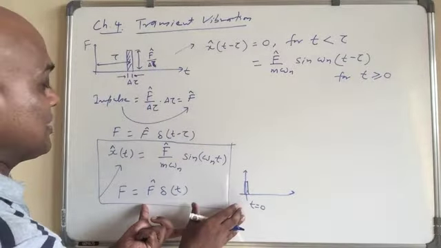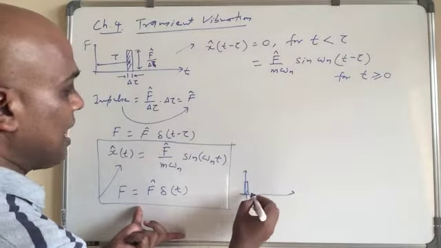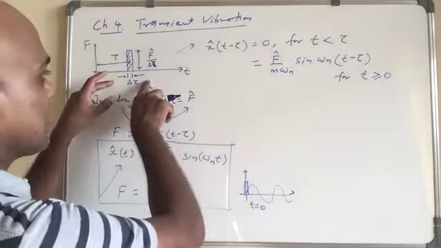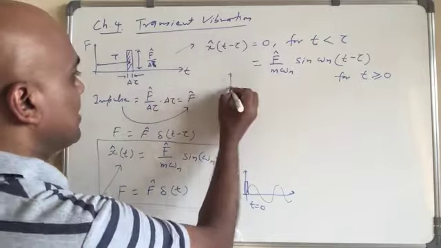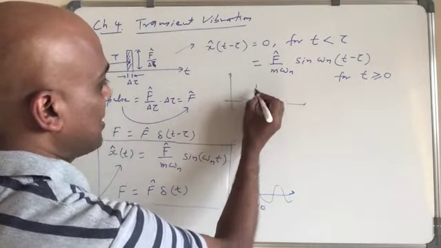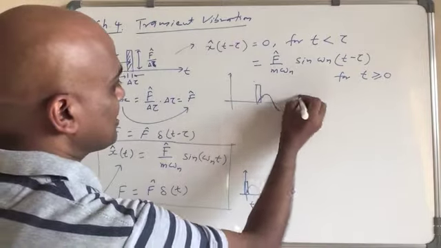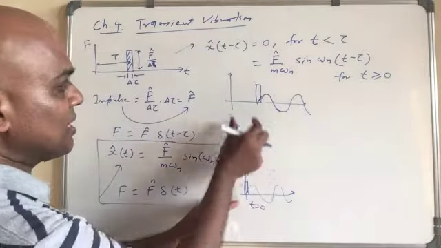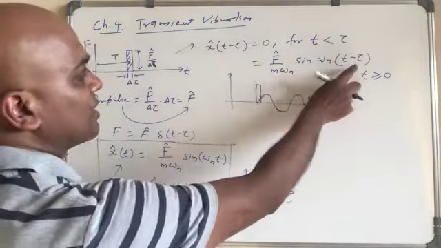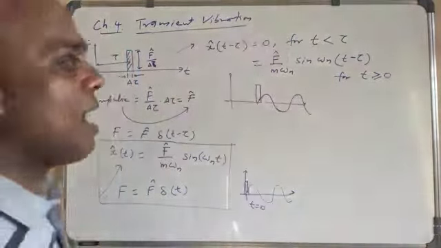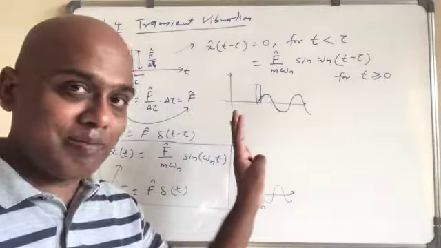If you know this solution, then wherever the force is, the solution starts from there. So this is shifting: you have shifted by tau, and this is what appears here. You should have a very clear idea about this much.